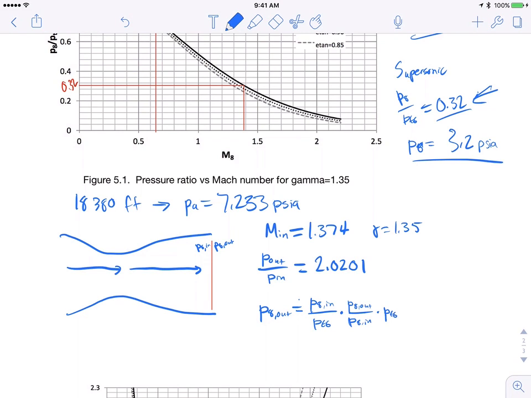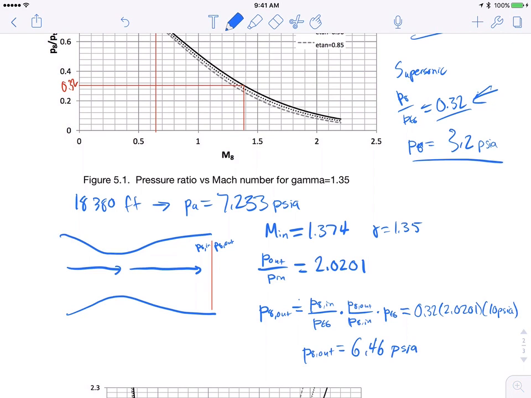And if we check really quick, of course the P8 ins will cancel, the PT6s are canceling. So it would give us the correct P8 out. So we just take 0.32 times 2.0201 times the total pressure of 10 psia. So P8 out in this case is going to be equal to 6.46 psia.